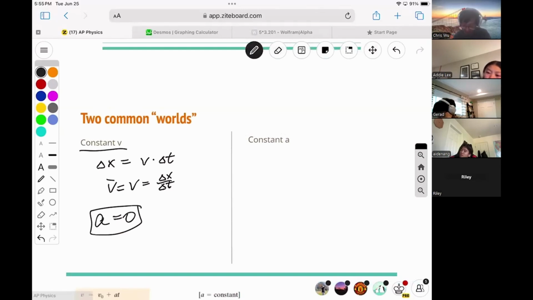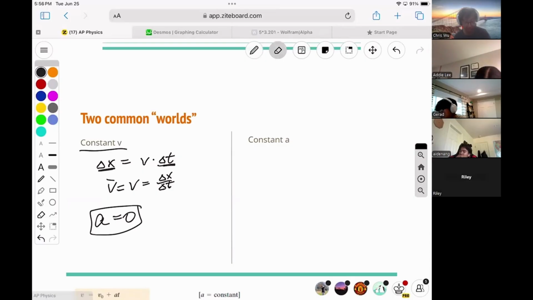A constant acceleration means that your v is changing steadily. Think about the relationship between delta x and v. Essentially we're saying with a constant v, the displacement is proportional to the time.